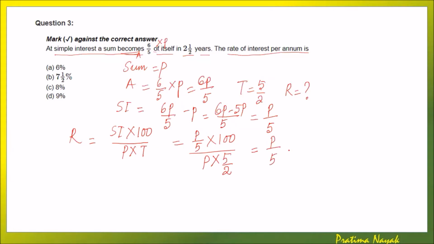P by 5 into 100. Here 2 will go to the numerator. P is in the denominator, 5 is also in the denominator. So cancel now. 5 into 20, 5, 4, P cancel. So you are getting 8. So R is equal to 8%. Where is the answer? The answer is C.